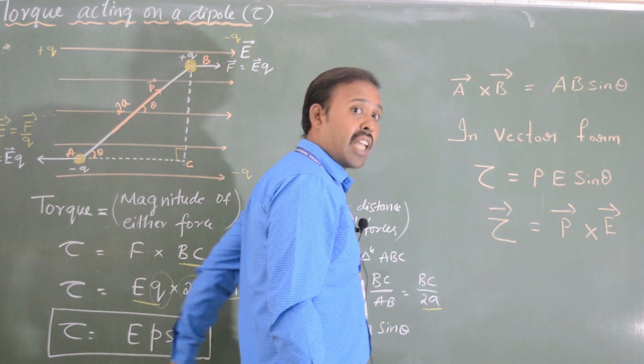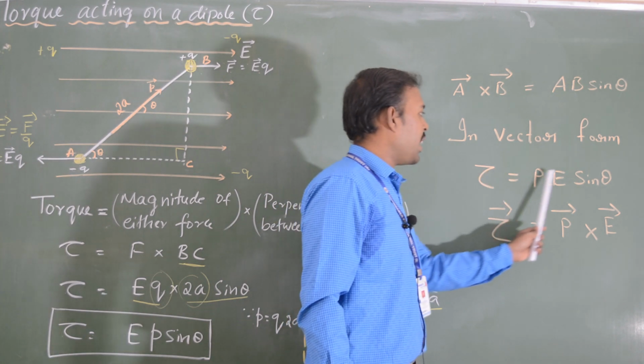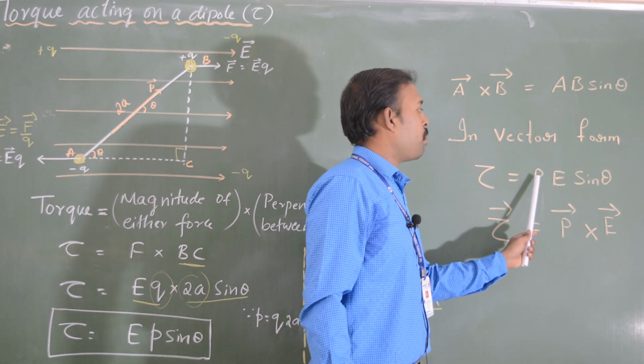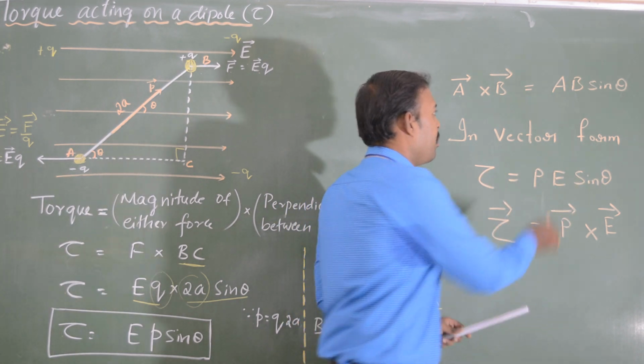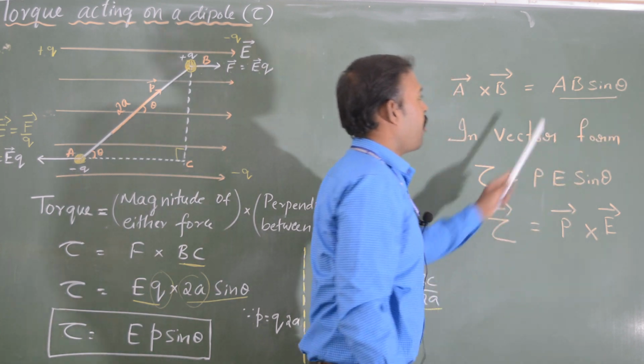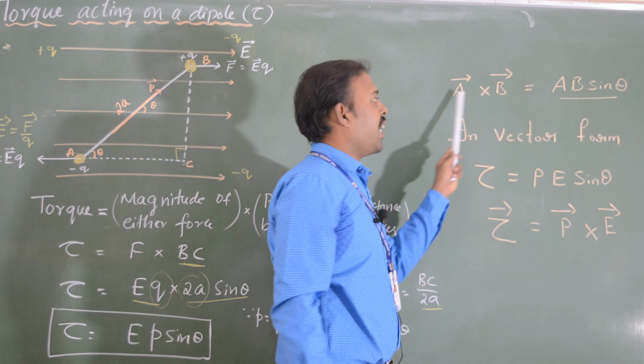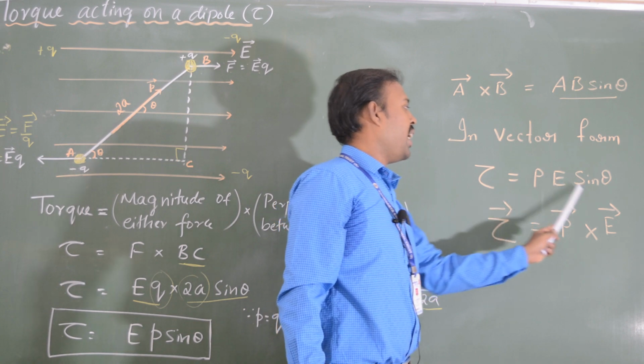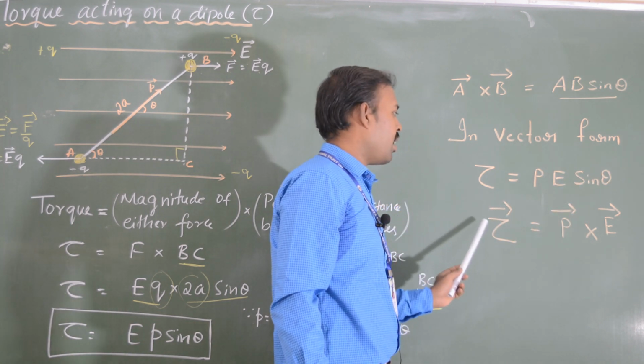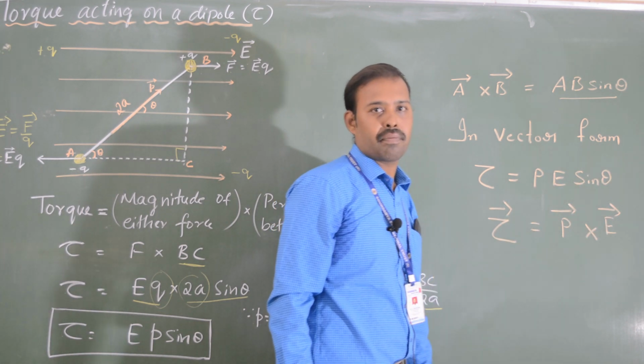This is the vector product. Now look at this equation: tau is equal to PE sin theta. In vector form, I can write this as tau is equal to P cross E. What I have done is compare tau is equal to PE sin theta with A cross B is AB sin theta. Therefore PE sin theta can be written as P cross E.